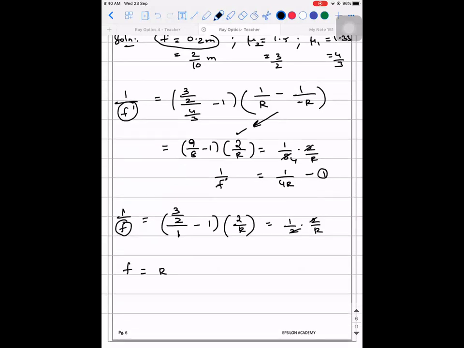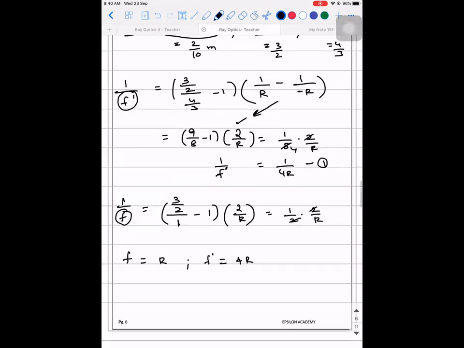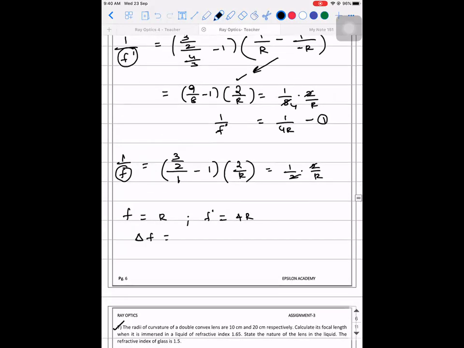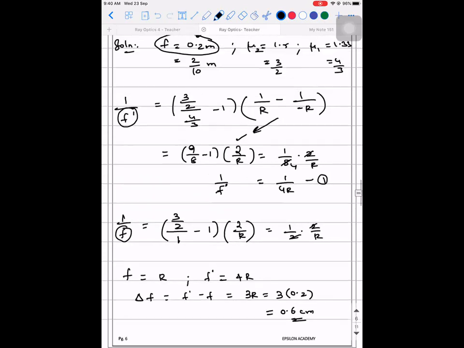So in the first scenario, f is equal to r. In the second scenario, f dash is equal to 4 times r. So what is the difference in focal length? Delta f is equal to f dash minus f, that is 3r. So 3 into r, with r being 0.2, is 0.6 meter. Approximately 0.58 only.